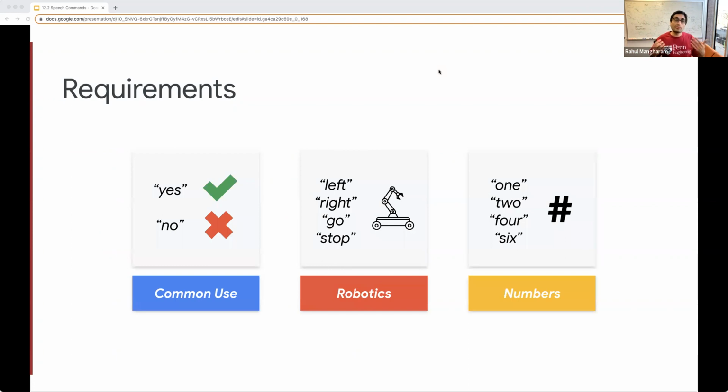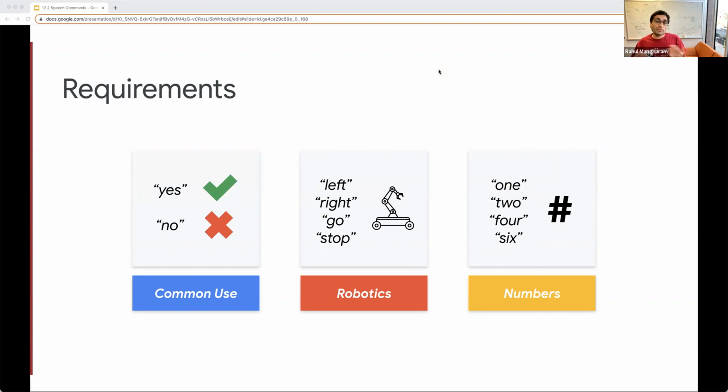What were some of the additional requirements that Pete had identified in terms of what needs to go into the data set? This fundamentally ties down to what the common keyword application use cases are. Yes, no, as an example. That's very common because you might get a machine asking you a question and you want to say yes or no. For robotics, for instance, if you want to control some kind of autonomous vehicle, typical commands are usually left, right, go, stop.